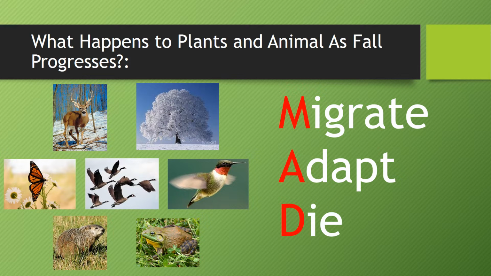So these are some examples of adaptations, migration, and if they don't migrate or adapt, their other option is to actually die. And that's not good to keep their species going on the planet. So they either have to migrate or adapt for species survival.